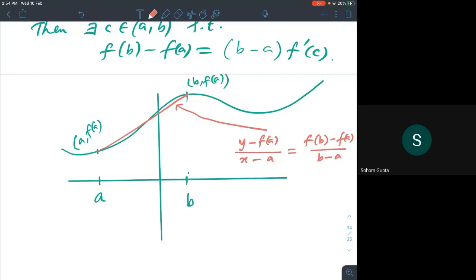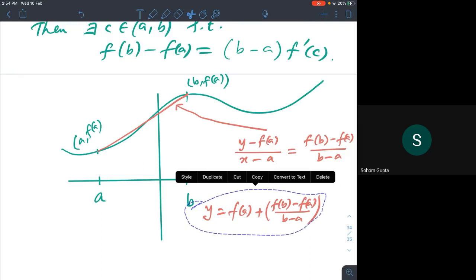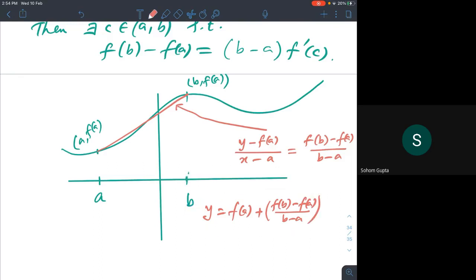Yes. So write this equation as y equal to f(a) plus (f(b) minus f(a)) by (b minus a) times (x minus a), right? This is the equation. All right.